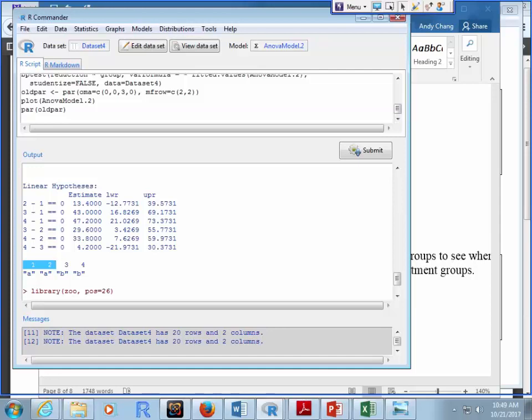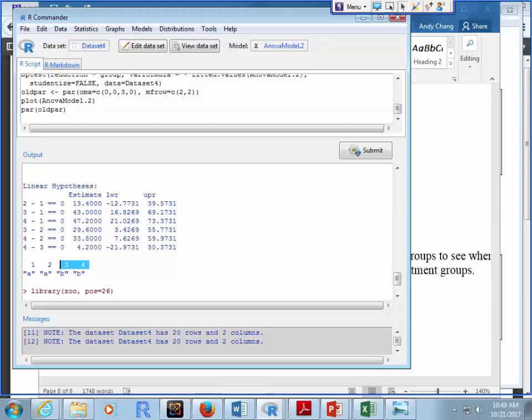Within a subset, the difference is not significant. 3 and 4 form a homogeneous subset, so the difference between 3 and 4 is not significant. But between the two subsets, 1 and 2 versus 3 and 4, the difference is significant. So they're separate.